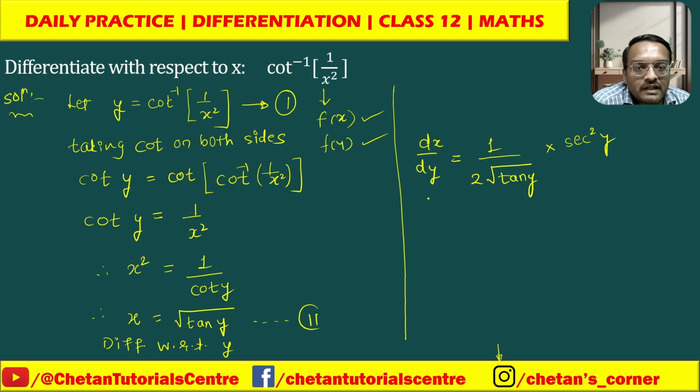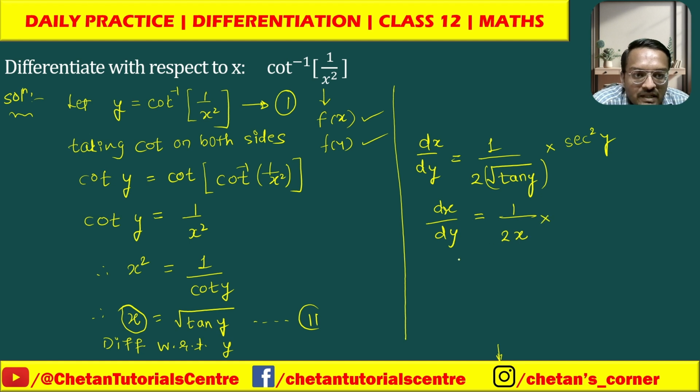So I will further simplify this, and then what I will get? Dx by dy. This under root of tan y is equal to x. So I will put this value over here, 1 upon 2x multiplied by. Now we know the value of secant square y. The value of secant square y is 1 plus tan square y. Now what I will do? I will put the value of tan square y from this equation number 2.